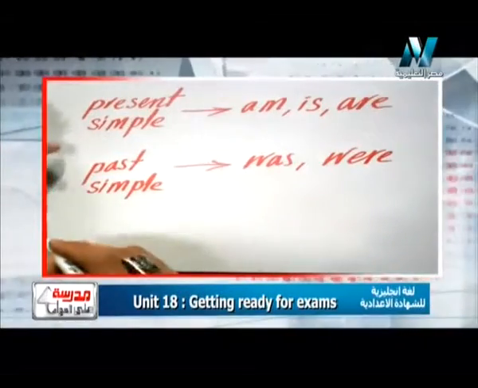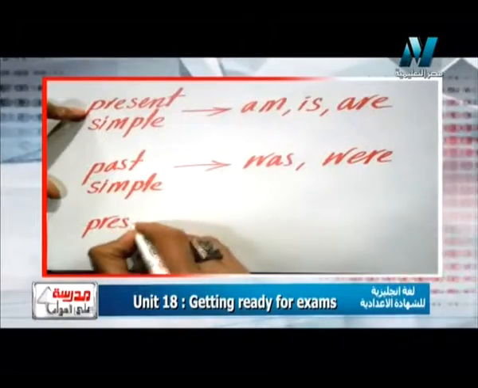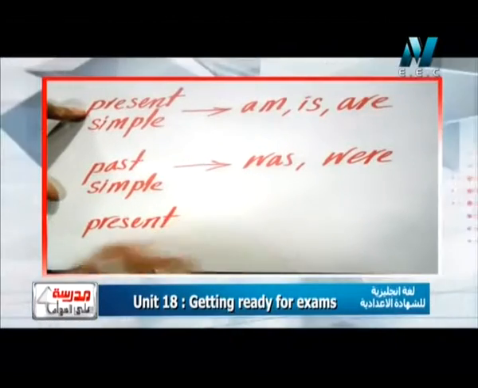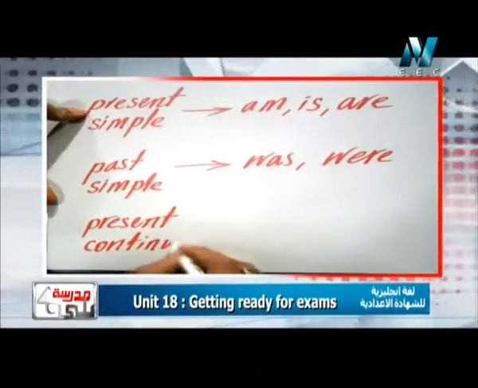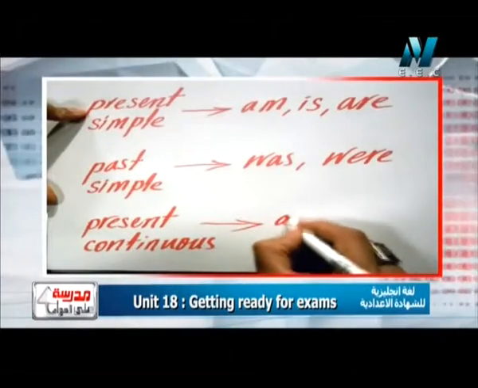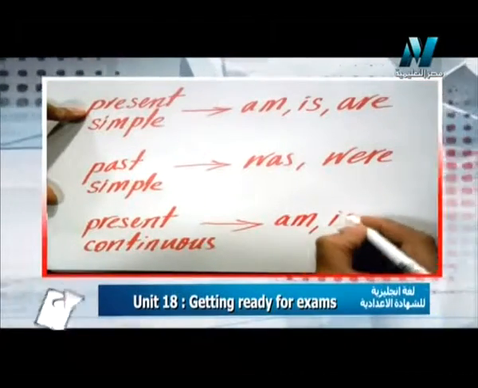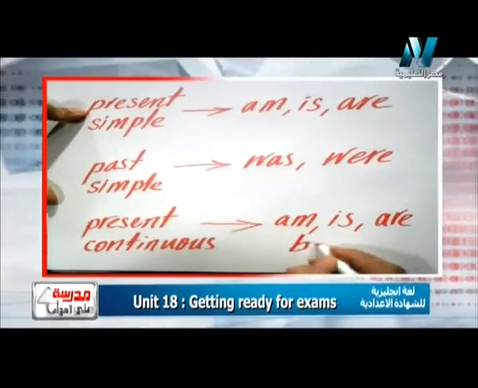If we have a verb in the present continuous, verb to be should be am, is, or are being.